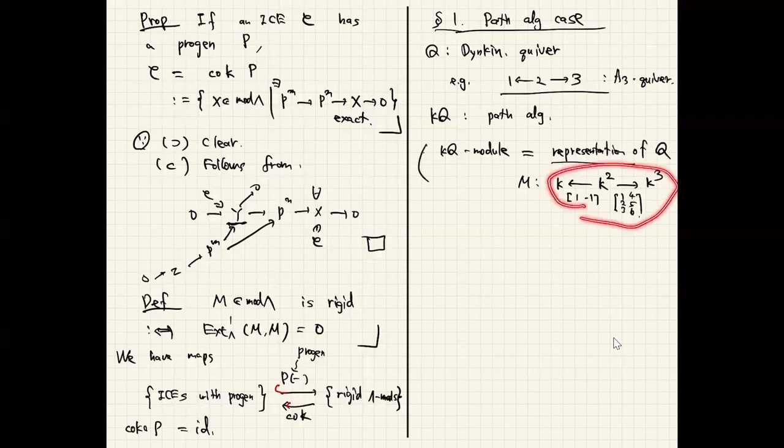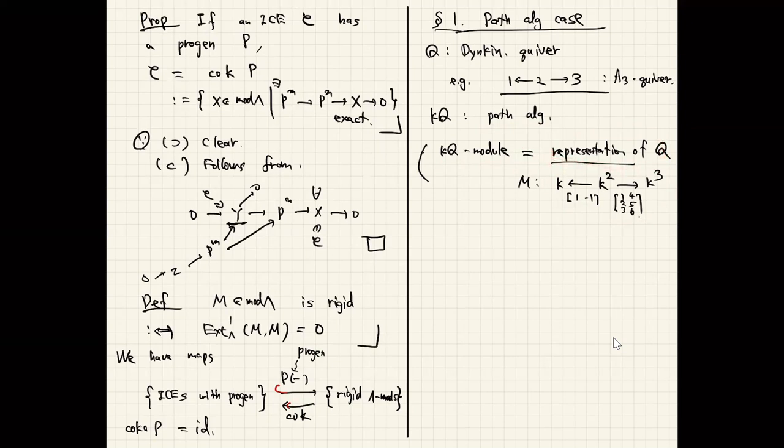This kind of thing is a representation of Q. I won't speak in detail about this identification, but considering modules over this path algebra is the same as considering representations of Q.